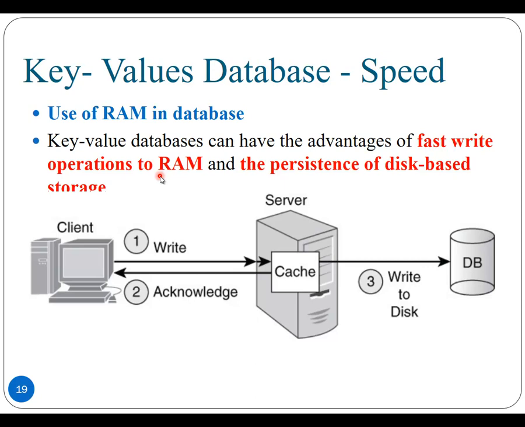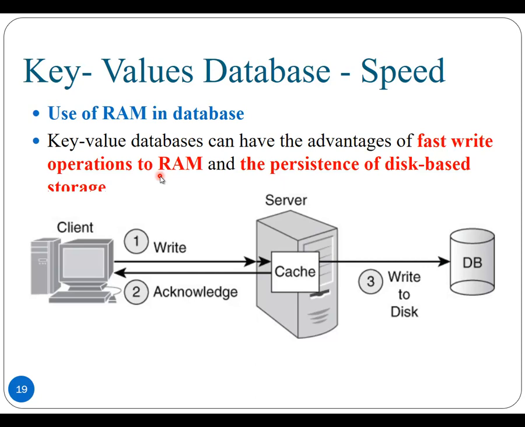The next feature of the key value database is speed. Speed is very important in the database. One of the things that causes a higher speed is the use of RAM in the database. We could use the RAM memory to help the database.